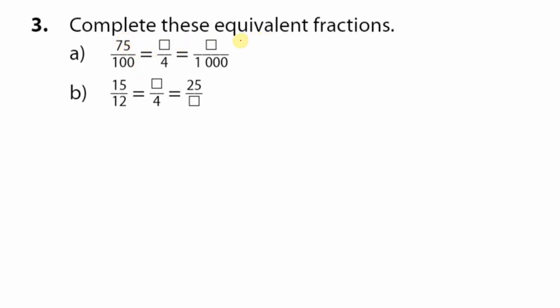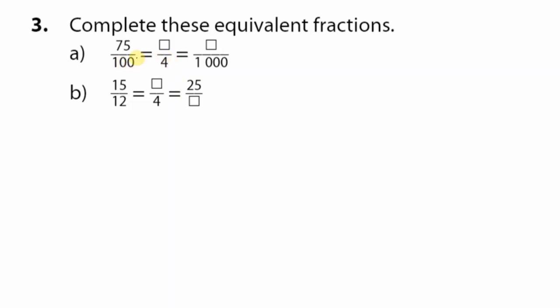Okay, so we said equivalent fractions means they have the same value. So now we need to complete the missing blocks. So we can first look at the one that's over 4. How do we get from 4 to 100?